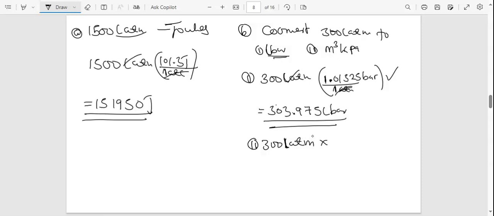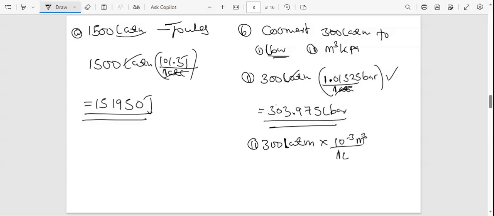We said 1 liter is equal to 0.001 meter cubed, or I can just say 10 to the power negative 3 meter cubed, like that.